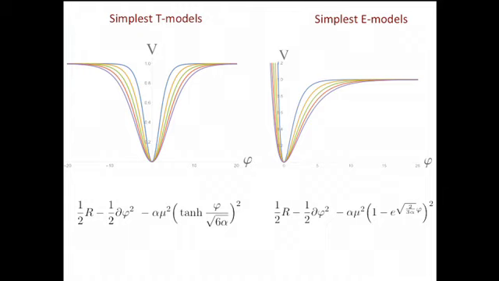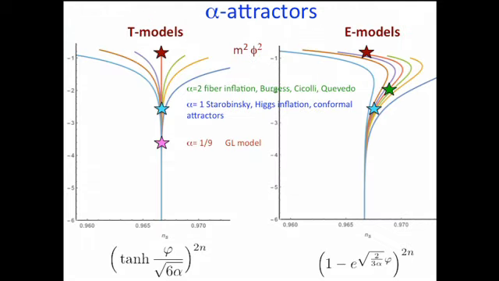The simplest T models have a potential looking like that, and that is just tangent. And these E models appear in this asymmetric way somehow, and they are parameterized by the parameter alpha. So then the potentials look this way. Interestingly, there is another set of models which is related to what was done by Burgess, Cicoli, and Quevedo.